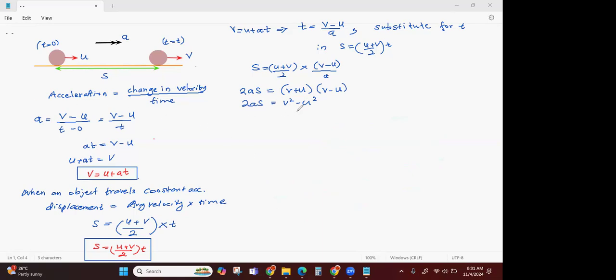So then we can subject for v squared. That means you have to take the u squared to that side. So u squared plus 2as equals v squared.